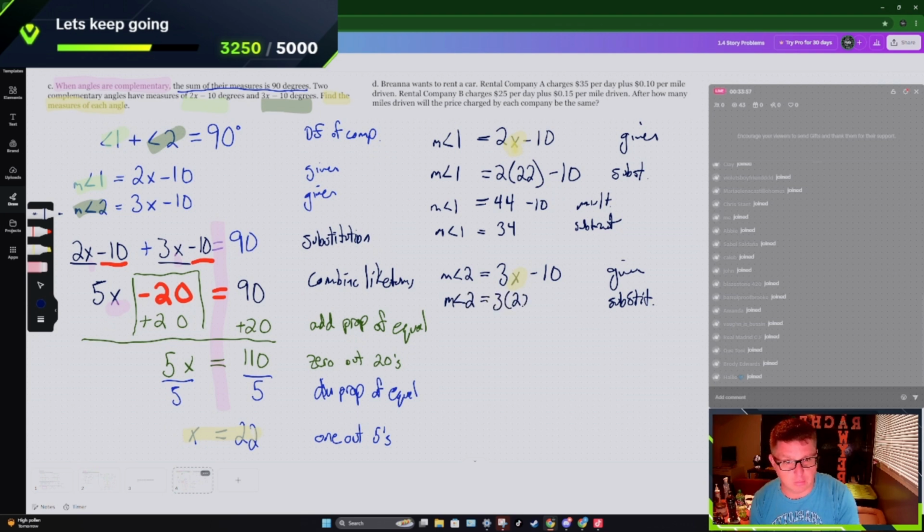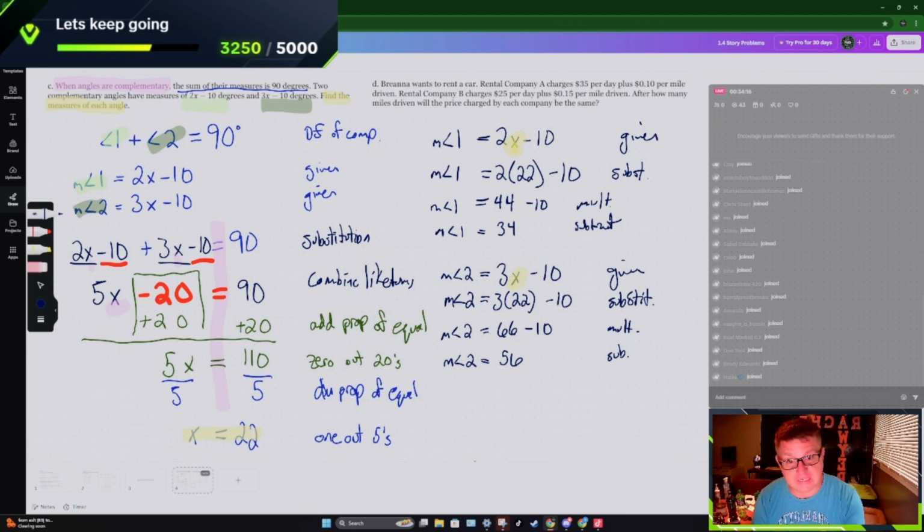So 3 times 22 minus 10. That's going to be 66 minus 10, and then the measure of angle 2 is going to be 56. So I did multiplication, and then subtraction.